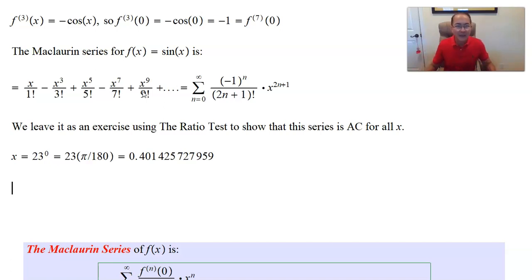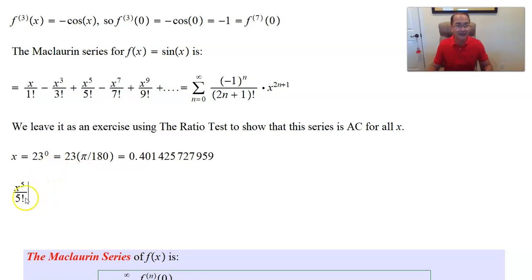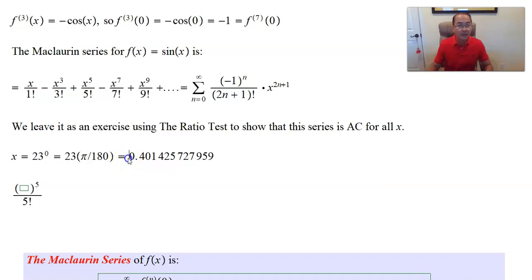Call it a day. So let's see, is x to the 7 over 7 factorial going to be small enough? Or maybe x to the 5 over 5 factorial is already small enough. Let's try that. I'm feeling lucky. So we will replace x with 0.40 something, take that to the 5th power, divide by 120.